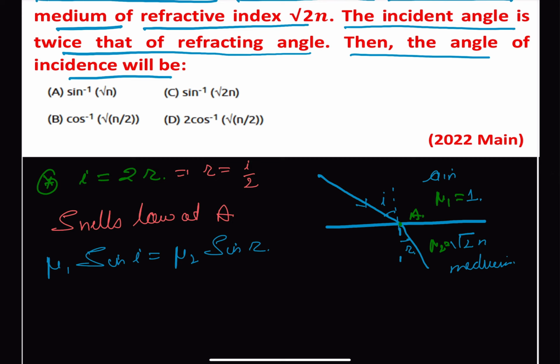Therefore, we substitute it. mu1 is our 1 and we have sine of I, and mu2 is given as square root of 2 times n, and here we get sine of I by 2.